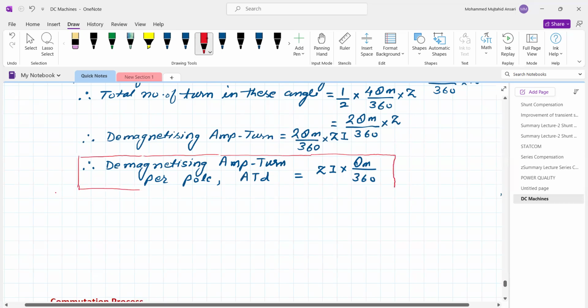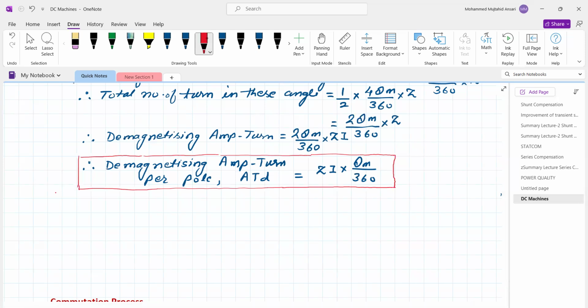Once we know how many conductors and how much current there is, which is responsible for producing the demagnetizing effect, if you add the same number of conductors in series with the armature current, it will produce the same amount of magnetic flux and neutralize it. Therefore, it is called a compensating winding.